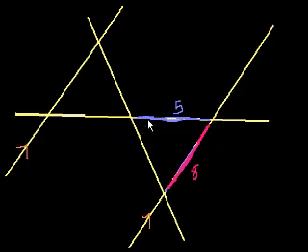I need to know what this side is. Actually, no, let me give you one more side just to make sure you know all of one triangle. Let's say that this side is 6. Right? And what I want to do is figure out what this side is right here, this purple side. So how do we do this?